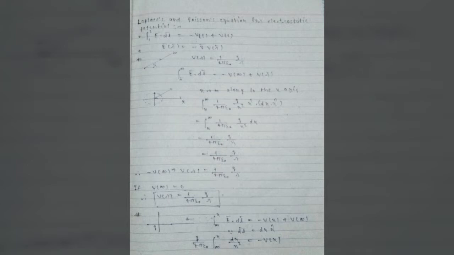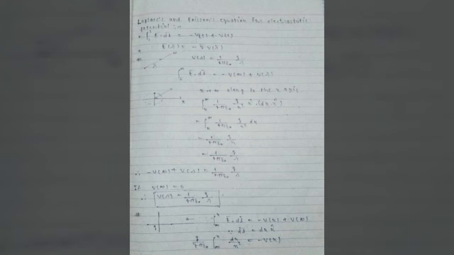Sometimes while doing that integral, people get confused. So, let me just do that also. If I have a charge q at the origin, and I am bringing a charge from infinity, again I am now moving from x equal to infinity to a point x, E dot dl, which will be equal to minus V at x plus V at infinity, because point 1 is infinity.